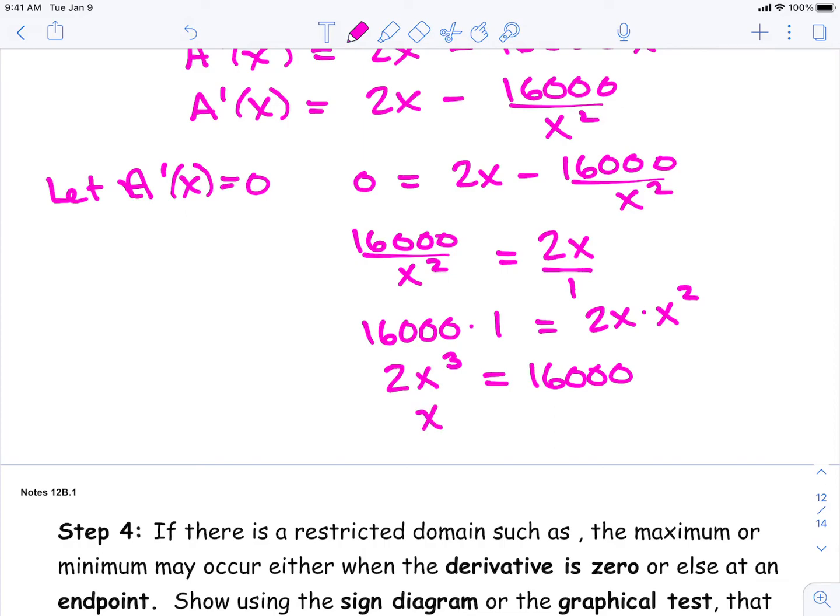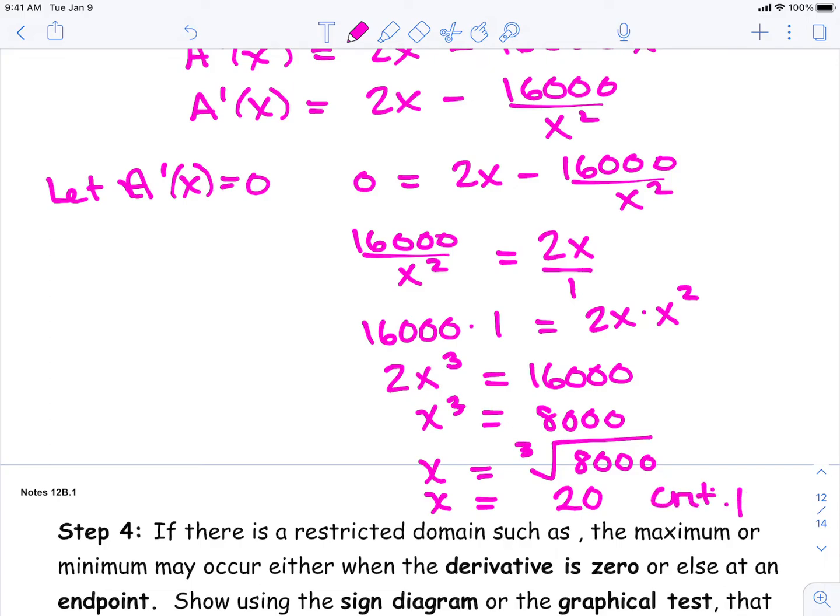We're going to divide both sides by 2, giving us 8,000. Last step to find x is we're going to cube root 8,000. That undoes the cube. So x equals 20. So this is our critical point.